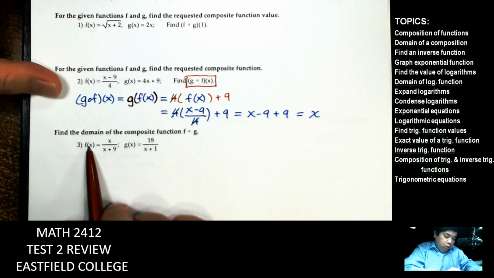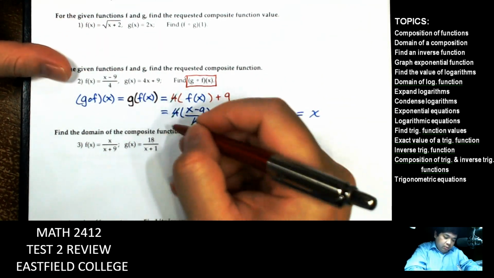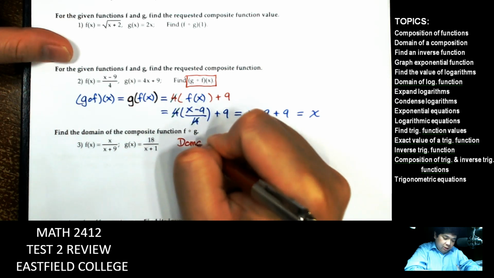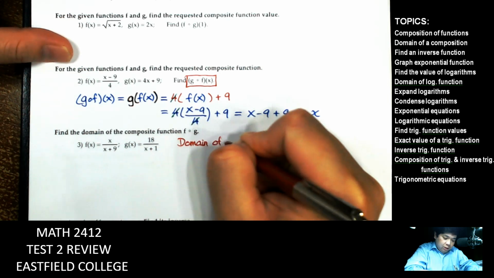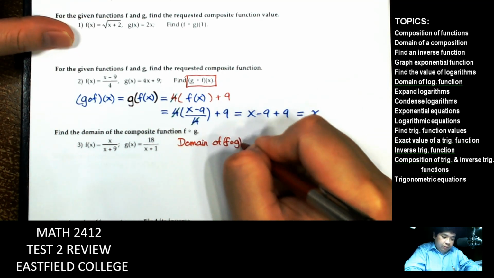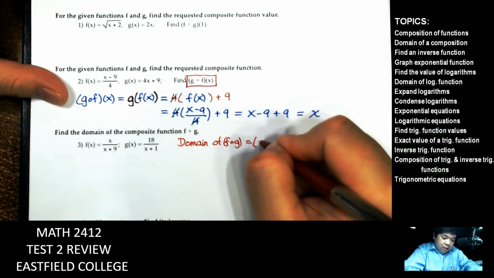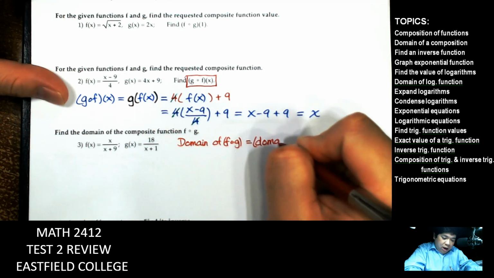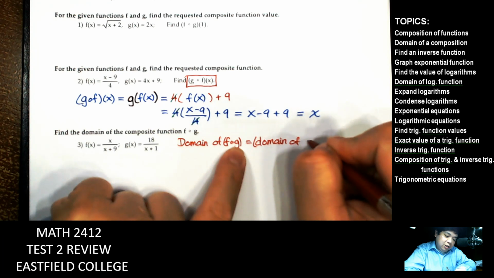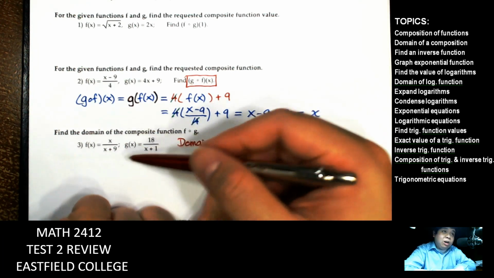Next, we find the domain of the computation of f and g. First I write out the rule. The domain of the computation is the domain of the second function, in this case g, intersect with the domain of whatever we get at the end.